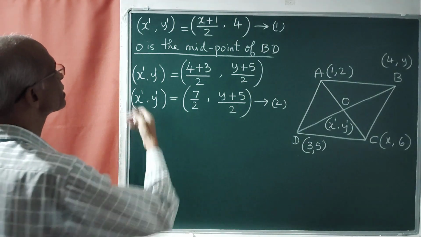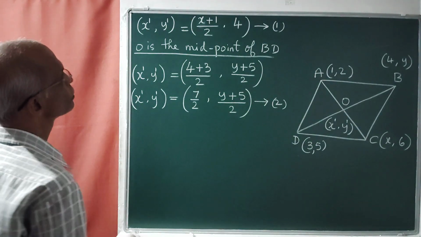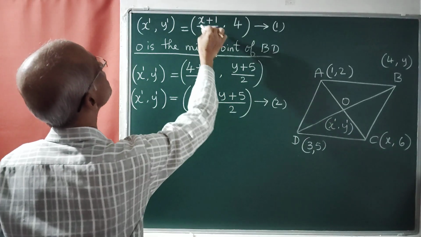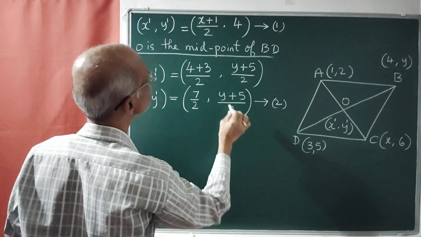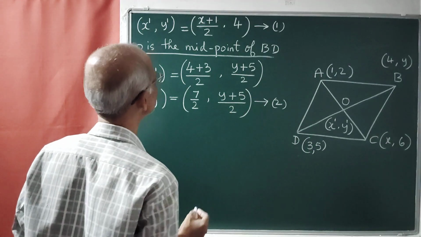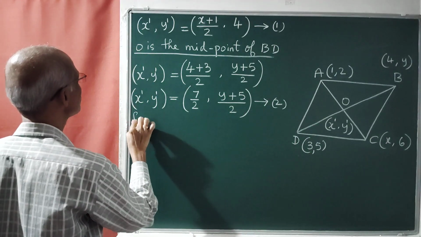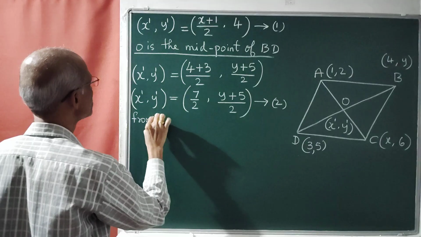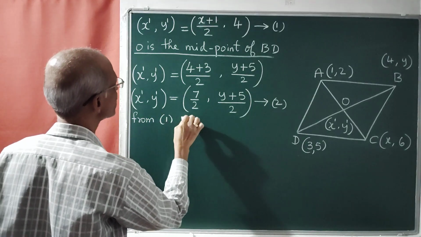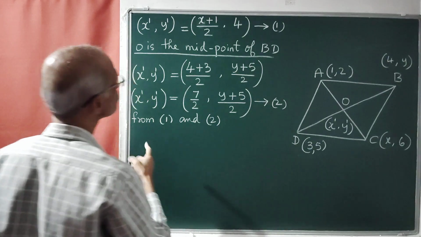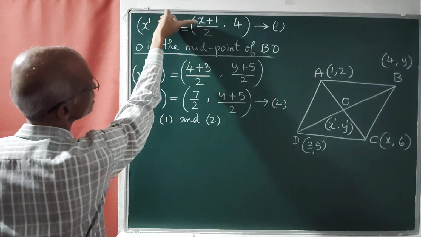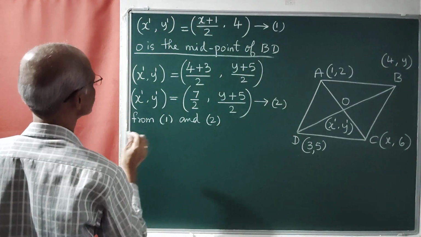Now when we compare equation 1 and 2, we get that (x plus 1) by 2 is equal to 7 by 2 and 4 is equal to (y plus 5) by 2.